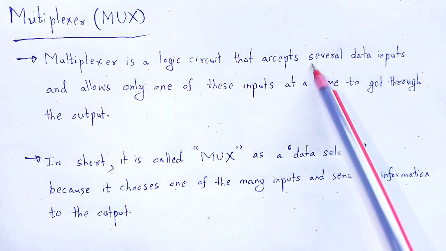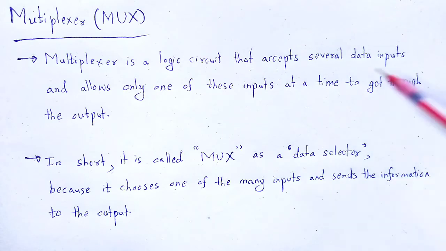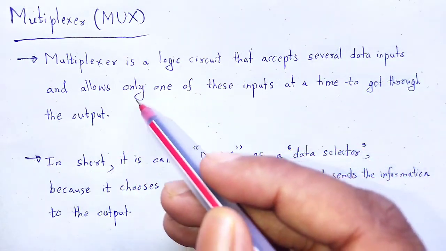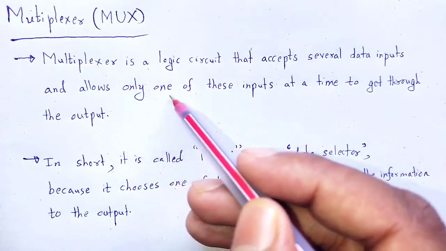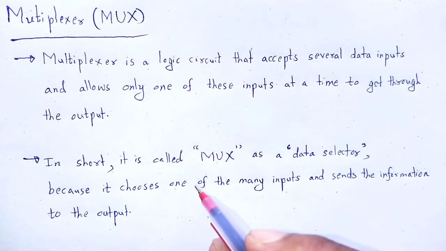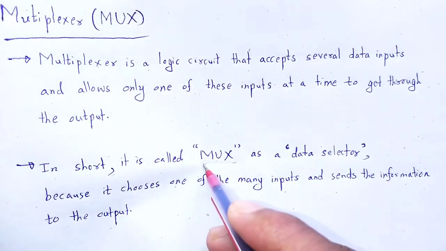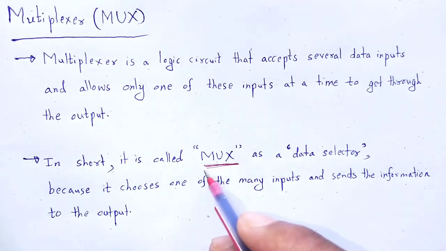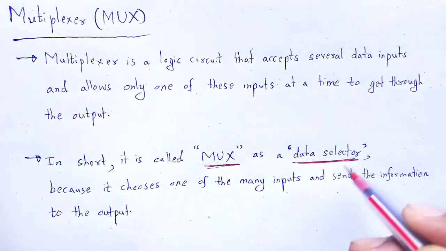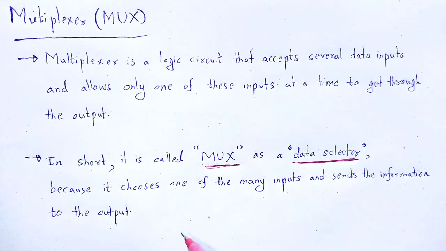So it has several data inputs, and at output only one output. In short, we say it as MUX. It is called the data selector, because it chooses one of the many inputs and sends the information to the output.